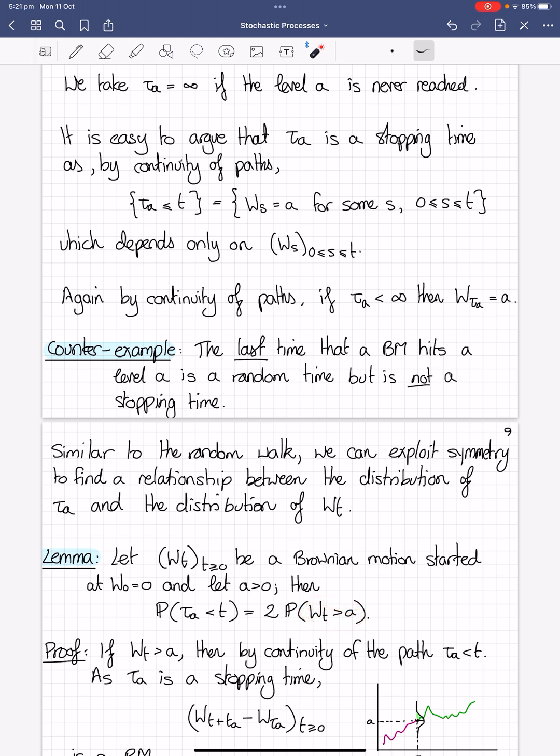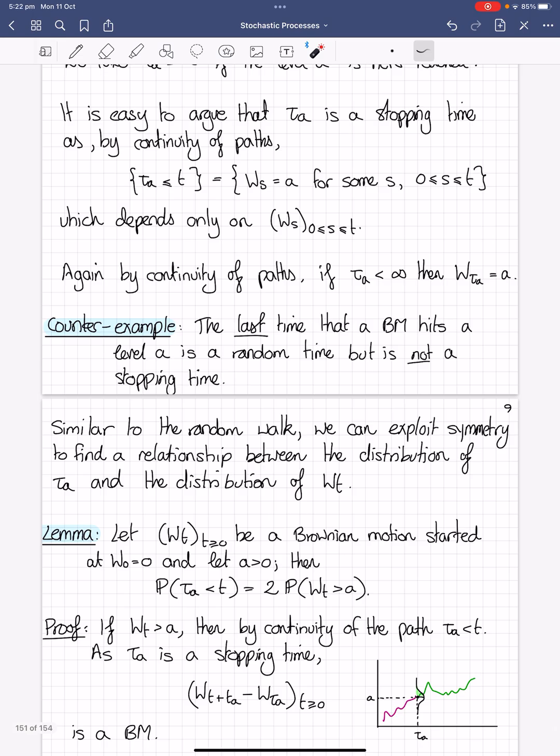So the proof goes as follows. If the Brownian motion at time t is greater than level A, I can draw my diagram here.